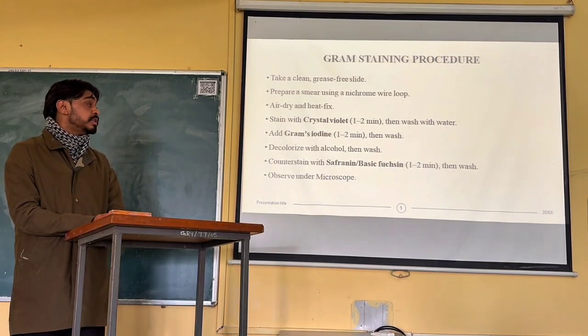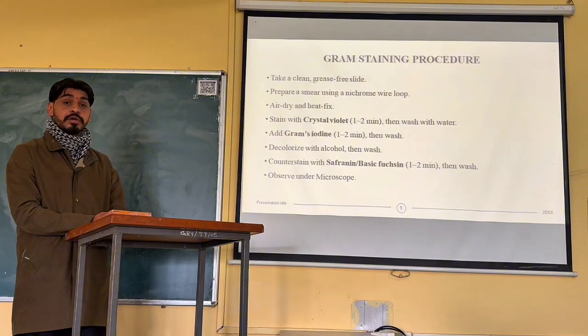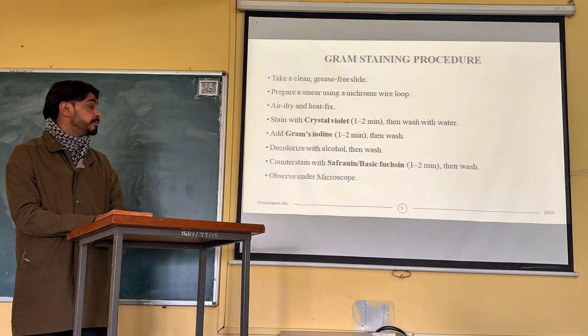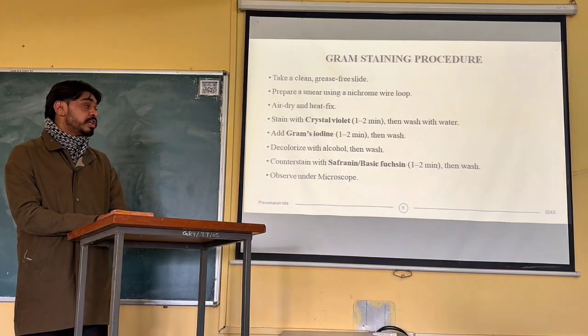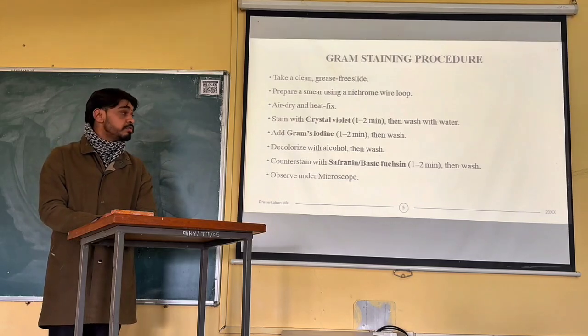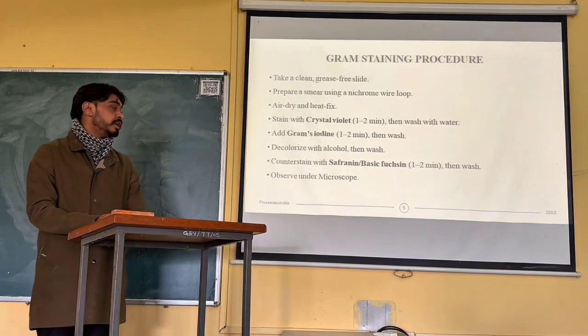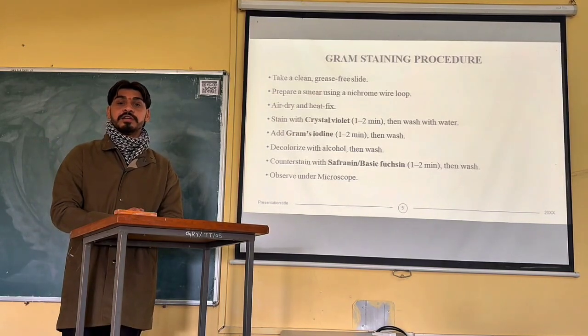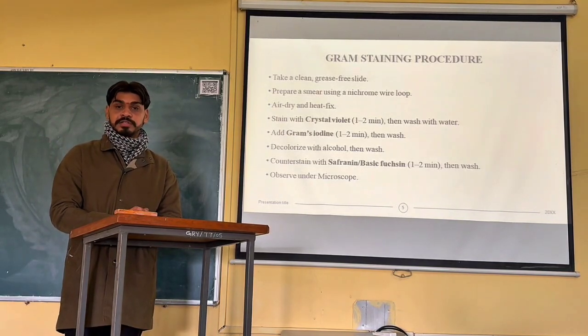Then we are using the decolorizing agent, alcohol. Later we are going to wash it for around 2 to 3 minutes. We are going to counterstain the smear with safranin or basic fuchsin for around 1 to 2 minutes. Later we have to observe the gram stain of the bacteria under the microscope for the results.